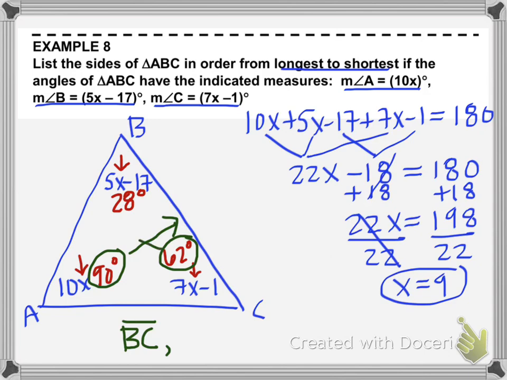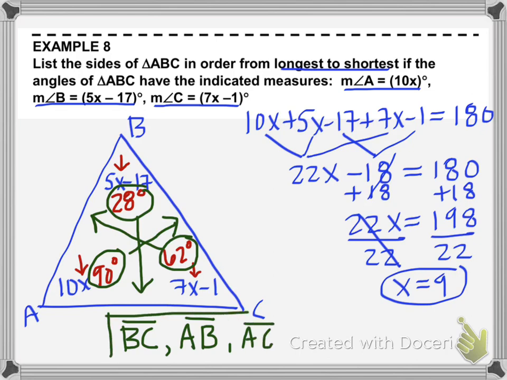If I draw an arrow from that to the side across from it, that means that side AB is going to be my middle length side. And then my smallest angle is the 28 degrees. If I draw an arrow from that to the opposite side, we see that side AC is going to be that shortest side. So these are the three sides listed from longest to shortest.